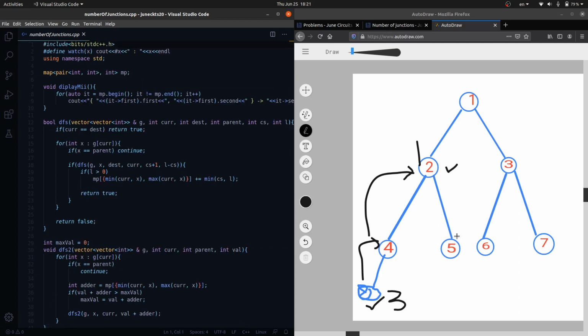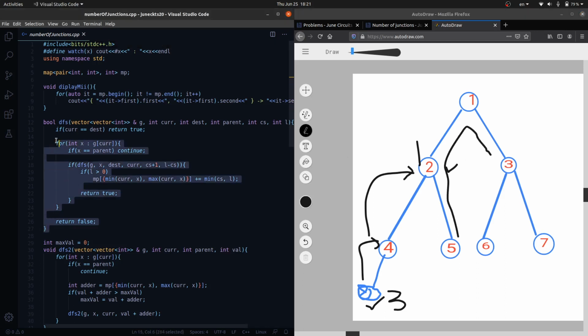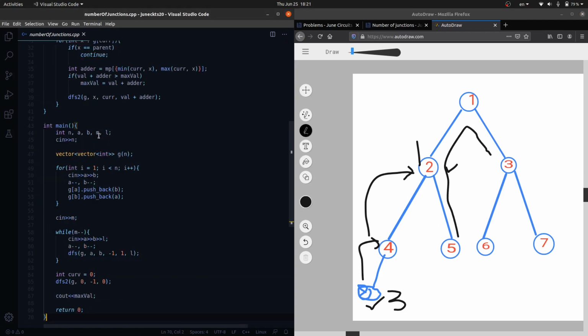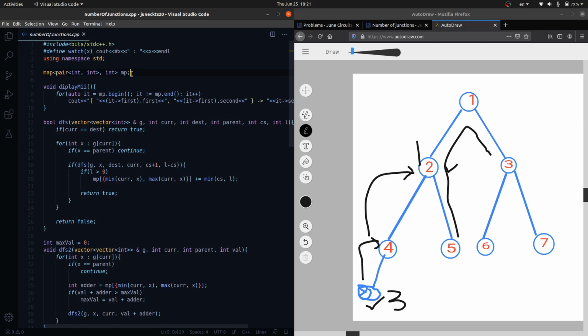So this is the solution that gave me TLE, because we are doing the DFS a number of times, and when we have done the DFS, we stored that in a map.